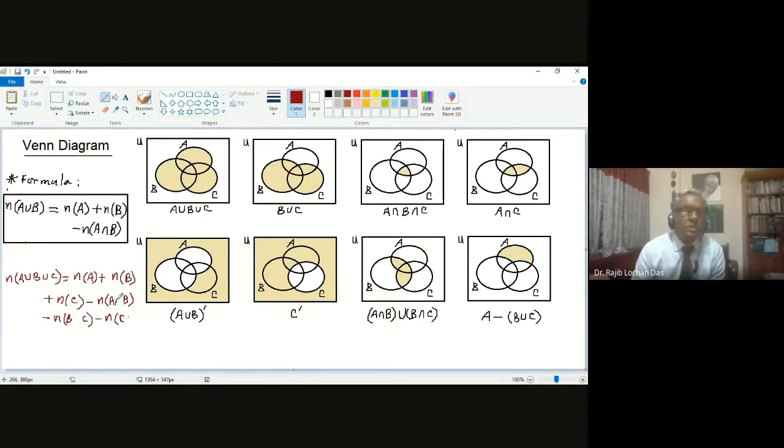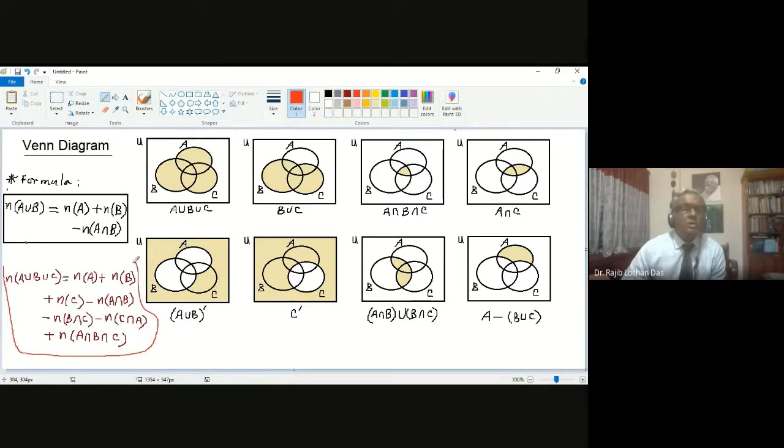And then plus number of elements in A intersection B intersection C. So this will be the formula for three sets.